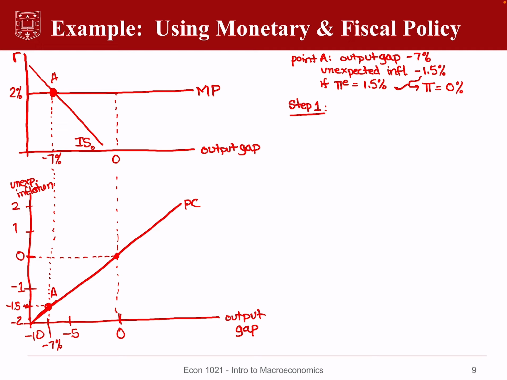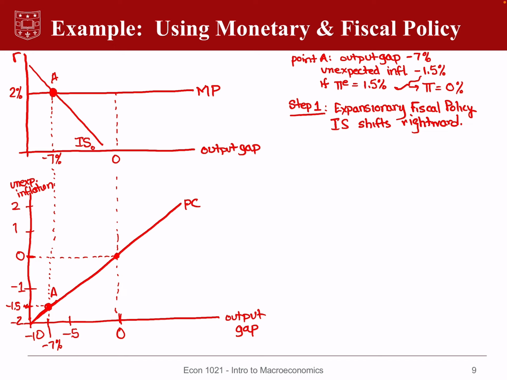With expansionary fiscal policy, the IS curve shifts rightward. So how do we know that? If there were tax cuts on households, then households' disposable income would go up, there would be higher consumption, and so the IS curve would shift to the right.